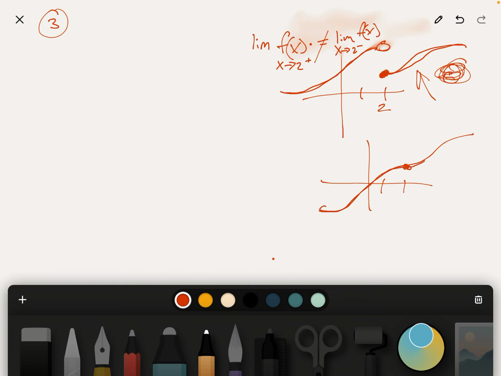This is a differentiable function. In other words, this is continuous at 2. This one up here is not continuous at 2.